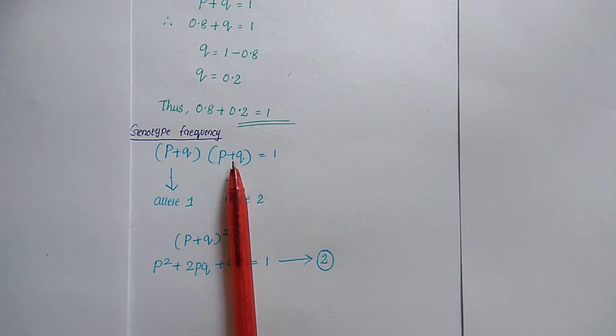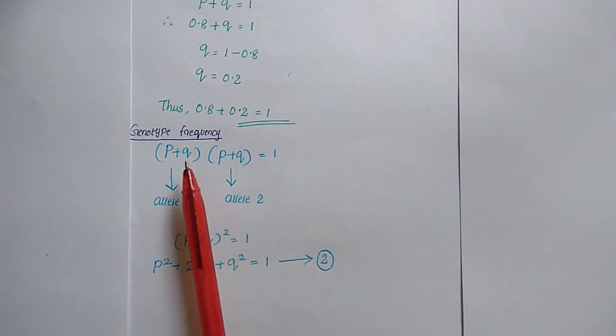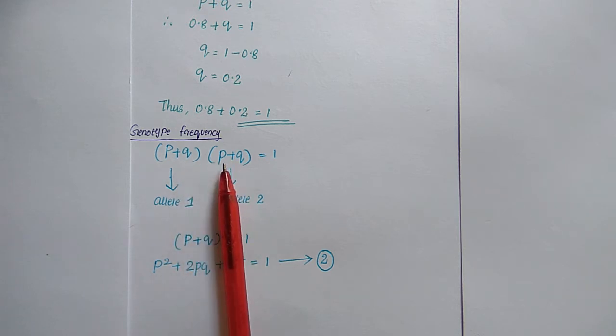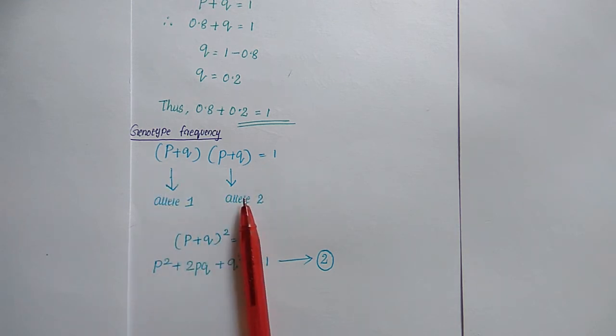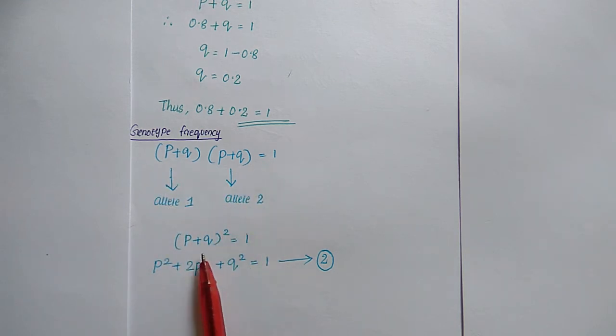For the genotype, we consider a locus with two alleles, and the equation is written as (P plus Q) whole square, that is (P plus Q) into (P plus Q) is equal to 1, one for allele 1 and one for allele 2. Thus (P plus Q) whole square is equal to 1, that is P square plus 2PQ plus Q square is equal to 1. It is the second equation.